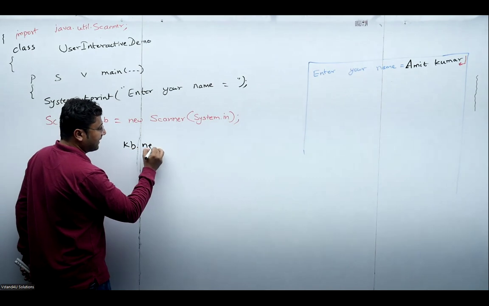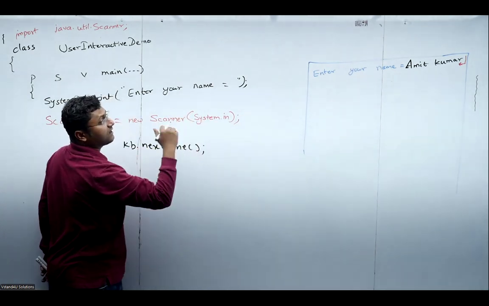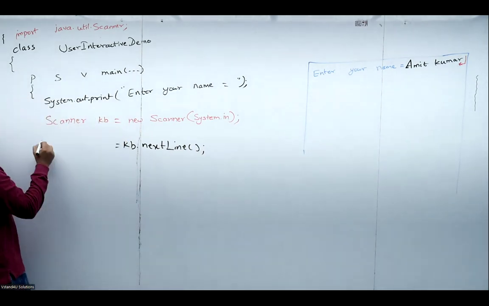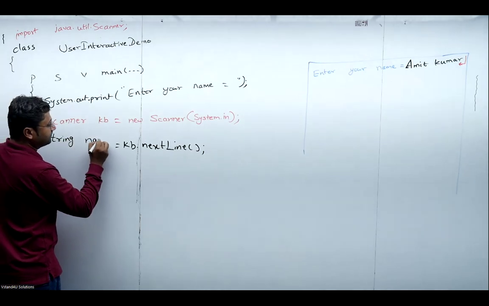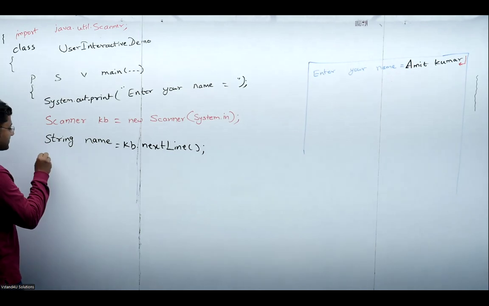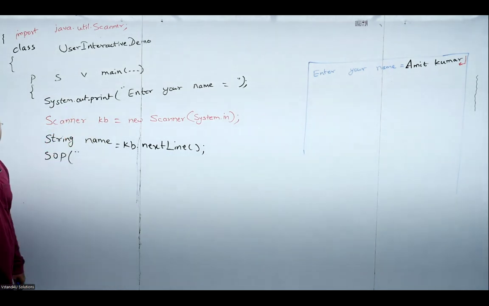KB dot next line, which will read the entire line of data. Am I clear? Okay, sir. This data I'm saying assign into another variable called string name. Are you with me? Okay, sir. Fine. After this, what is the next line I'm saying? I'll write down the short form SOP. I hope you understand System.out.print is there.